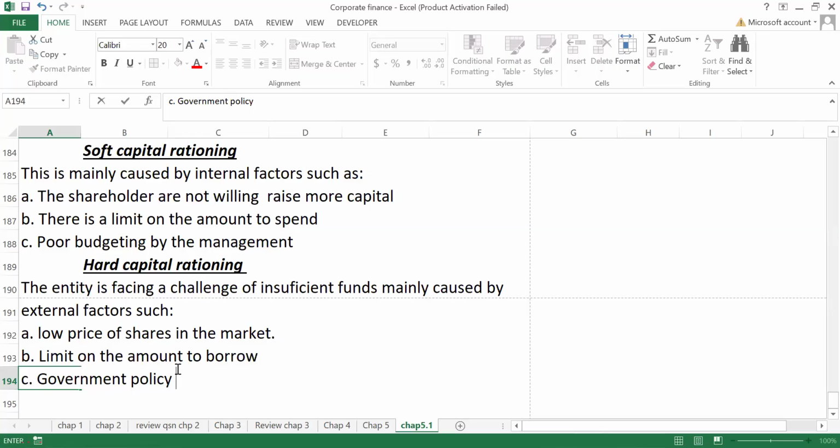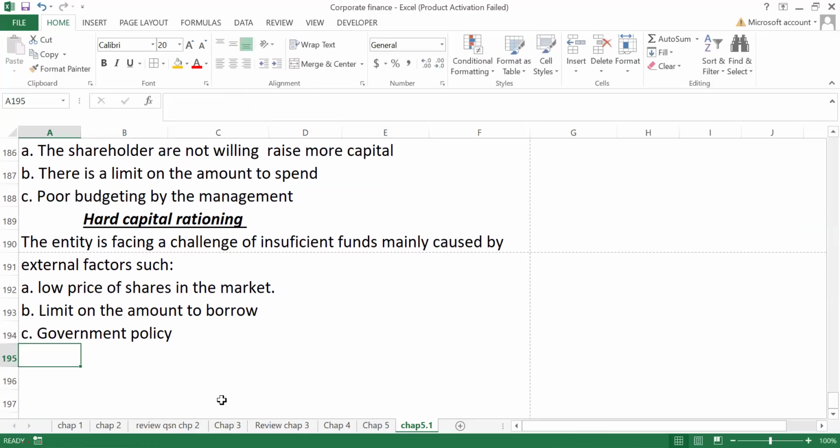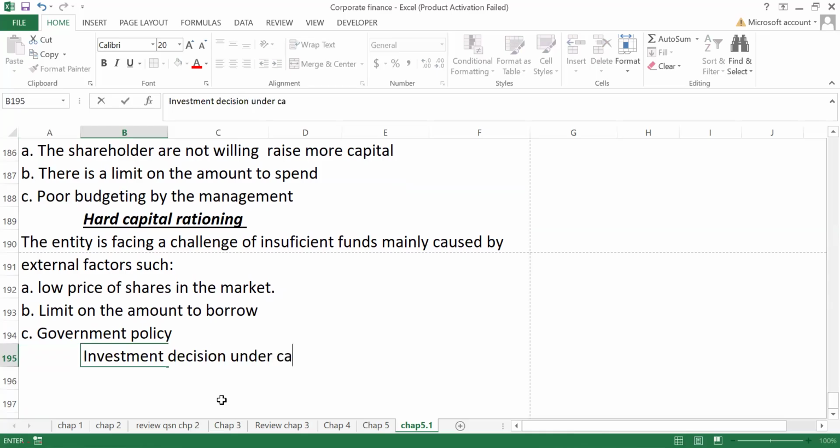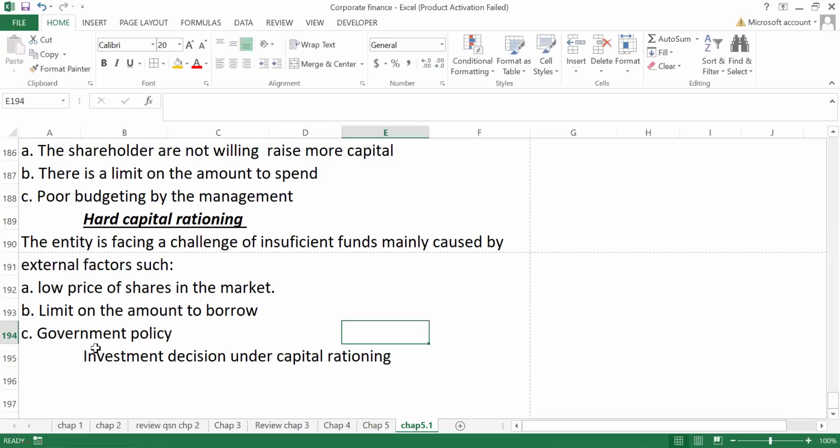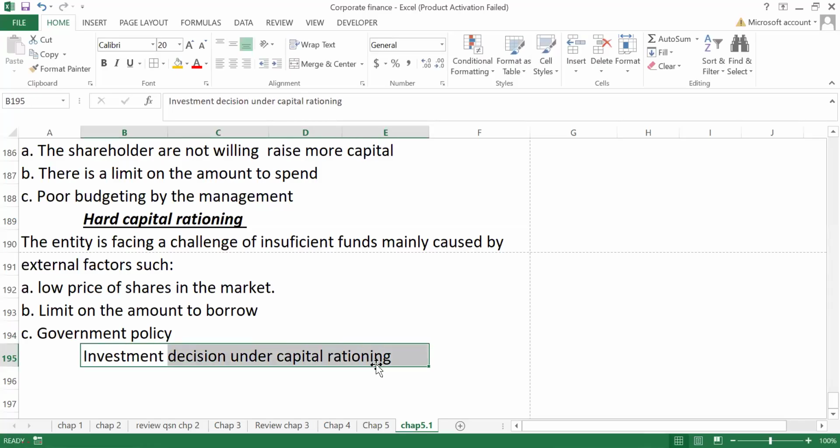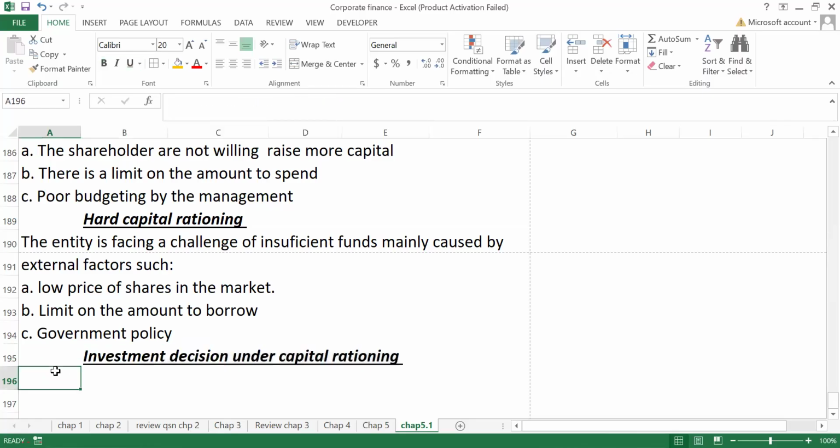So how do we make an investment decision in capital rationing? Investment decision and capital rationing.